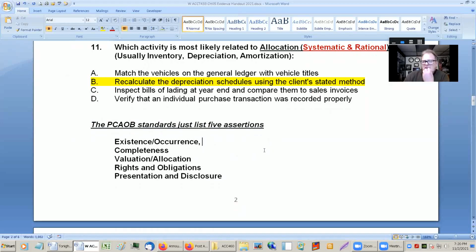Cutoff isn't on there. Not that those aren't covered, it's just that those are generally stuffed into these other categories, especially things like cutoff. We usually had that for existence or occurrence and completeness would be cutoff.